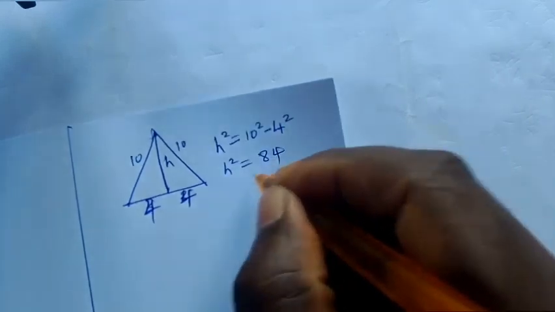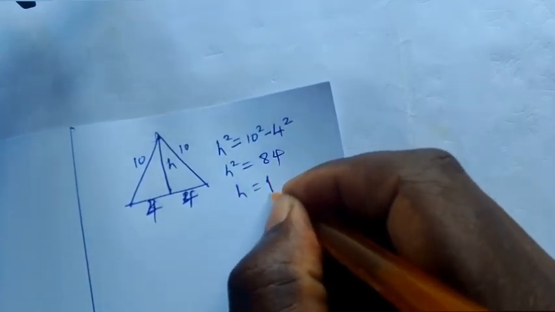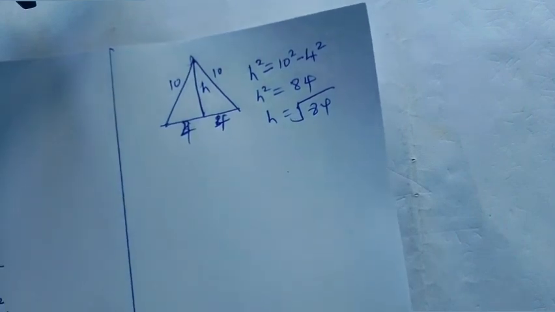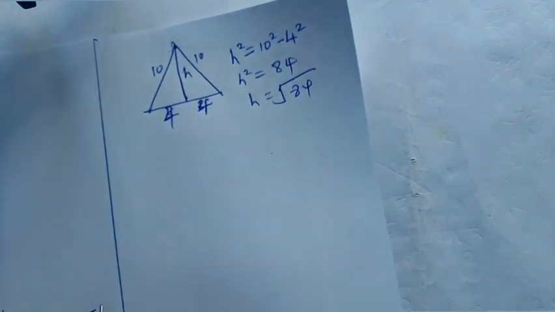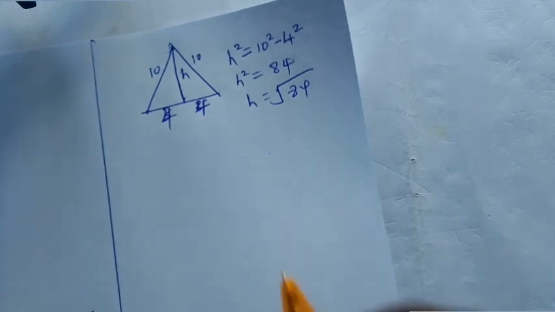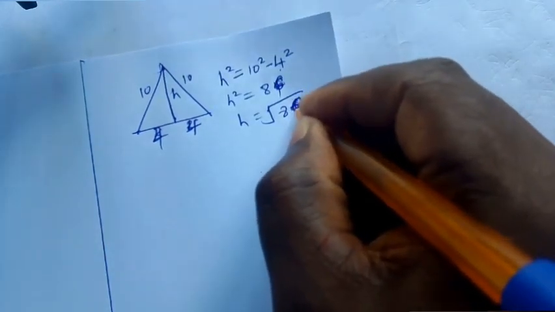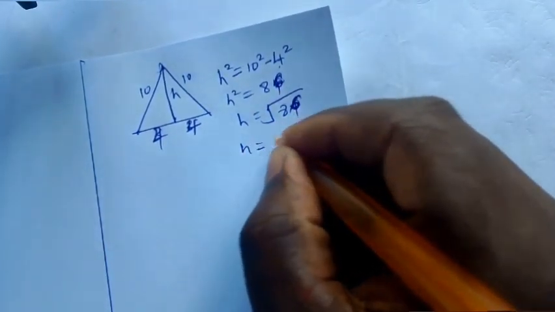So H equal to the square root of 84, and that will give me the height. So H will be equal to 9.17.